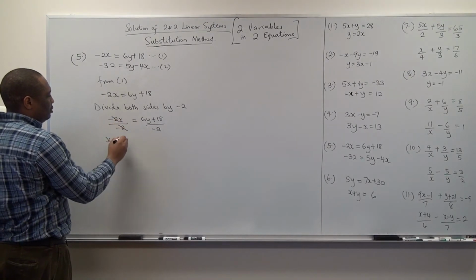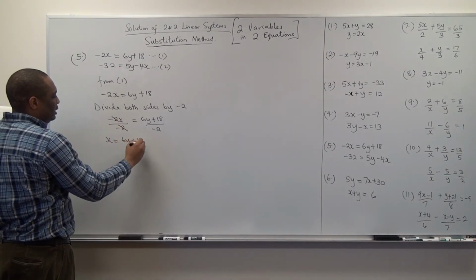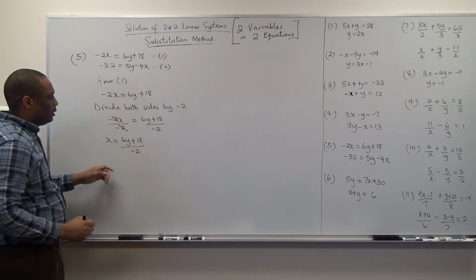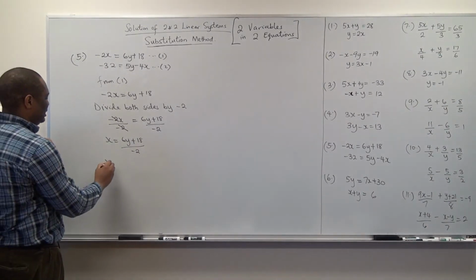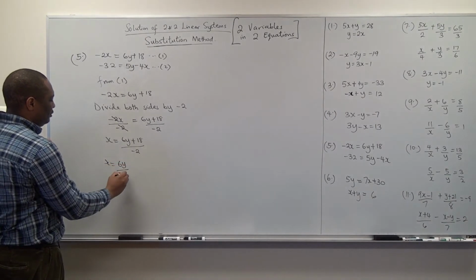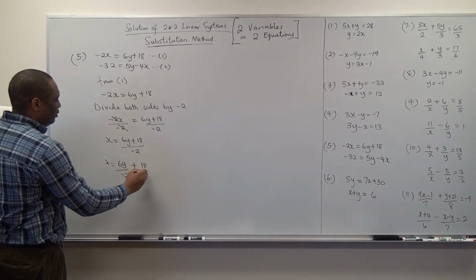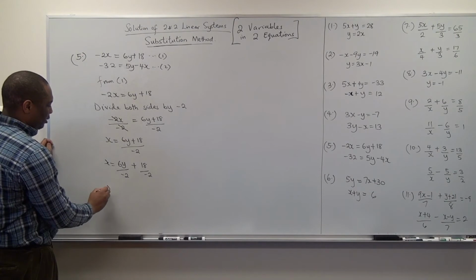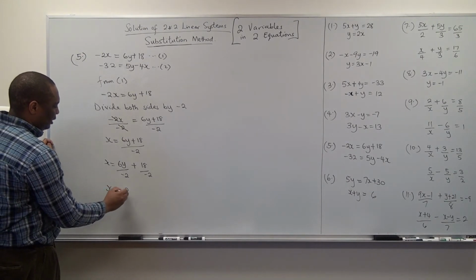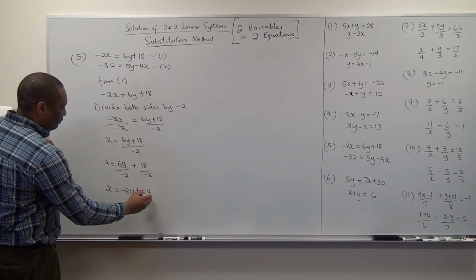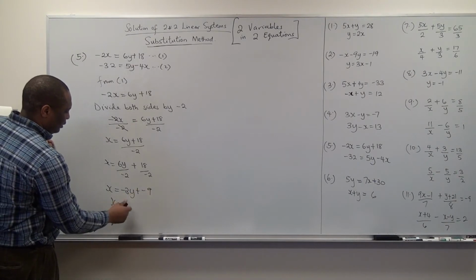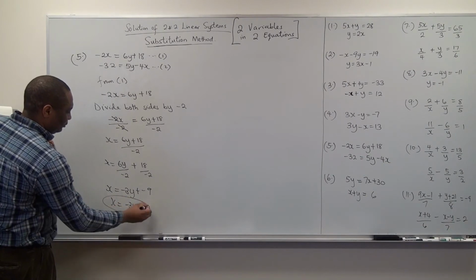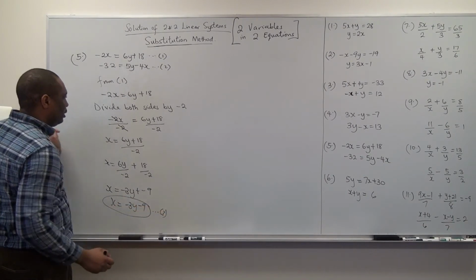So x is equal to 6y plus 18 over -2. Now, this is the same thing as saying that x is equal to 6y over -2 plus 18 over -2. And your x will be equal to -3y plus -9. And x will be equal to -3y minus 9. Call this equation 3.